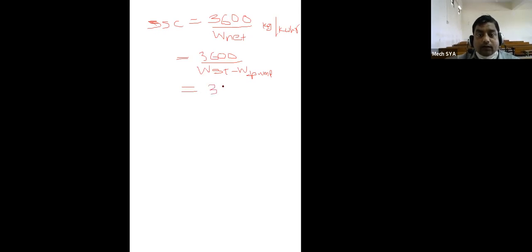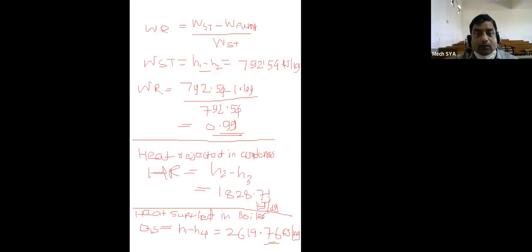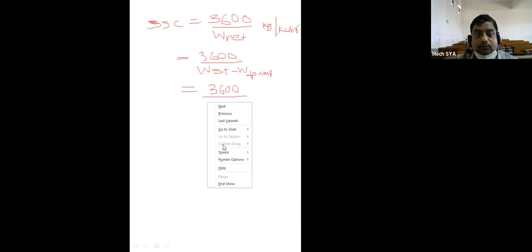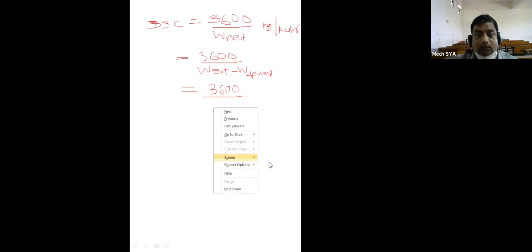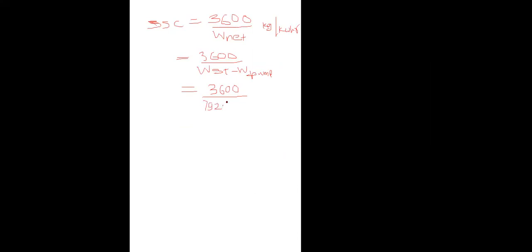So put the values accordingly. 3600 divided by 792.54 minus 1.49, and this will give the value of specific steam consumption.